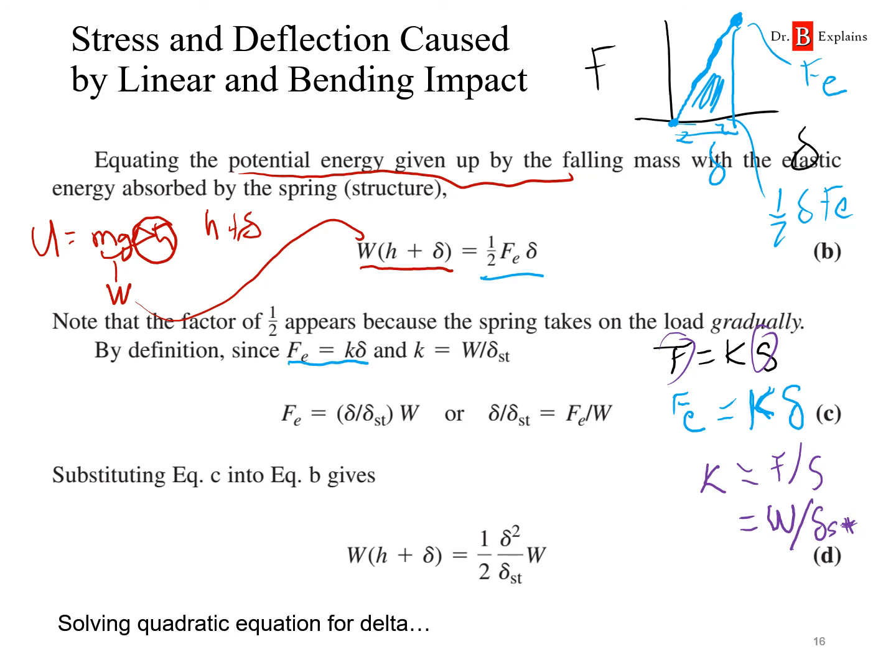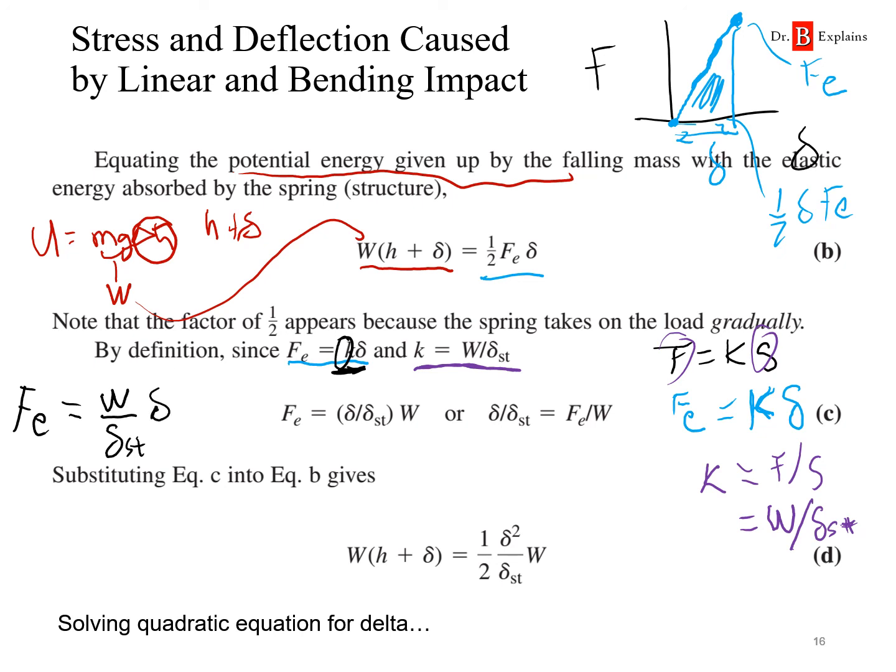So we can use that to figure out what this spring constant is, which gives us this equation over here, which means we can write the equivalent force as K times delta, but K is just W divided by the static deflection. So that's our K, and then multiply times delta.